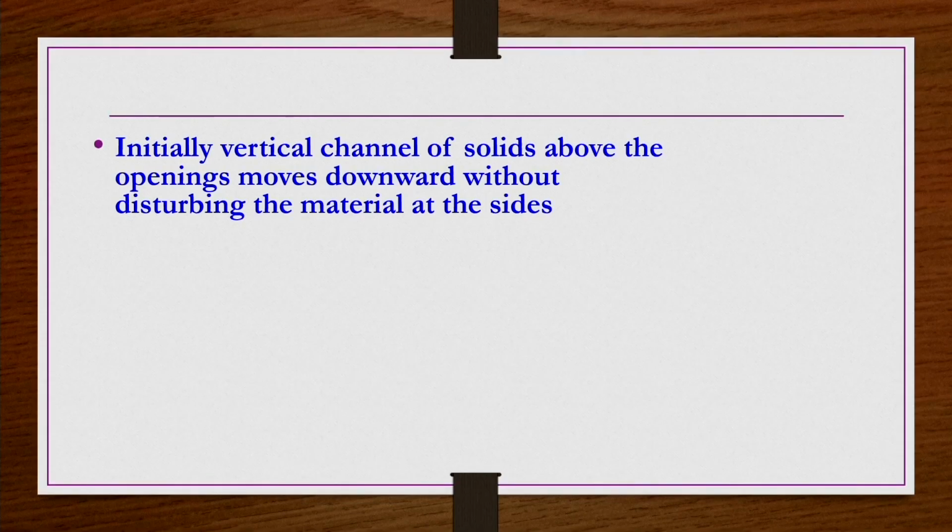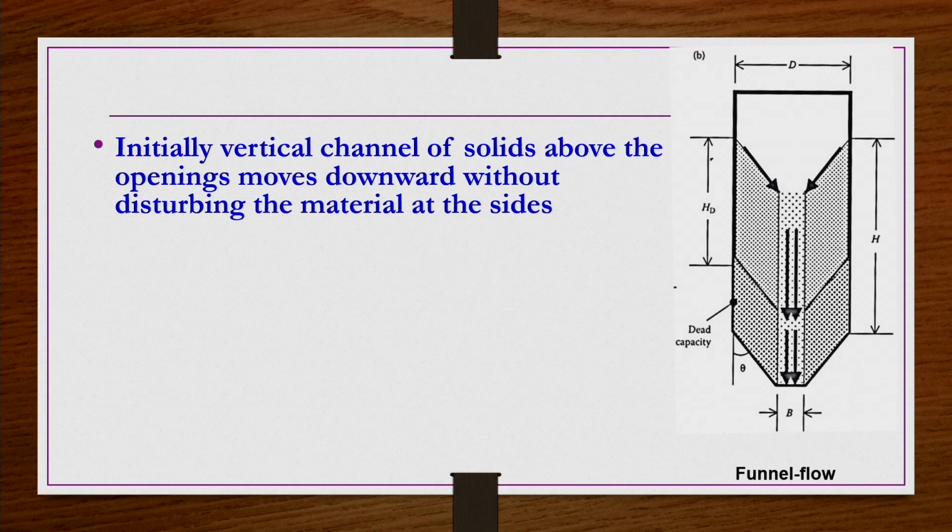Initially, a vertical channel of solids above the opening moves downward without disturbing the material at the sides, right. So like shown here, at the opening, the material just above the opening, just above the feeder, falls out as a vertical column, a vertical channel like this.